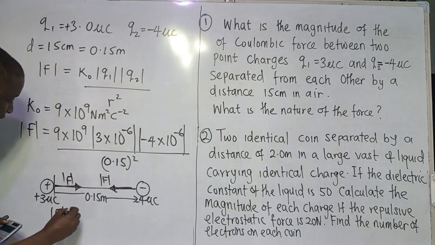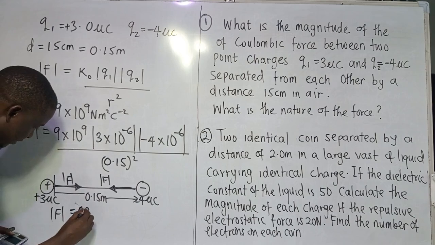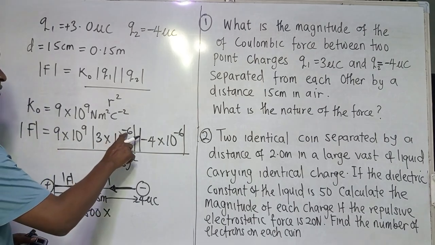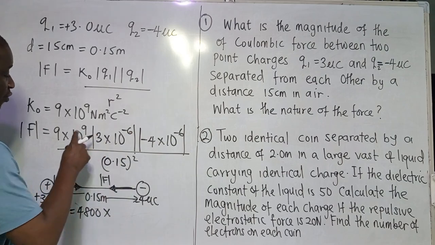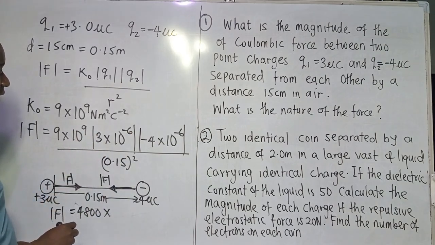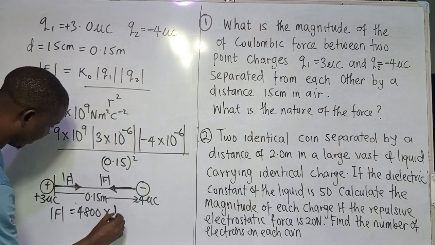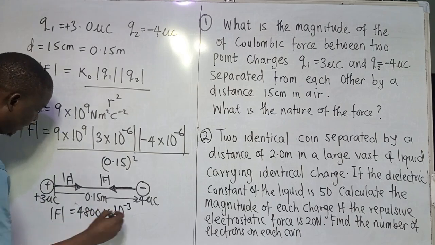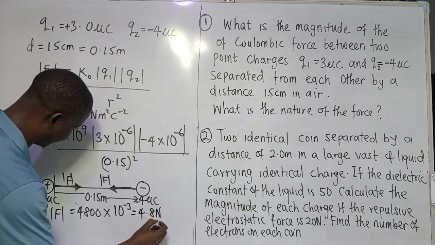This will give us 4,800 times 10 to the power minus 12 times 10 to the power minus 9, which gives 10 to the power minus 3. So that will now give us 4.8 Newton.